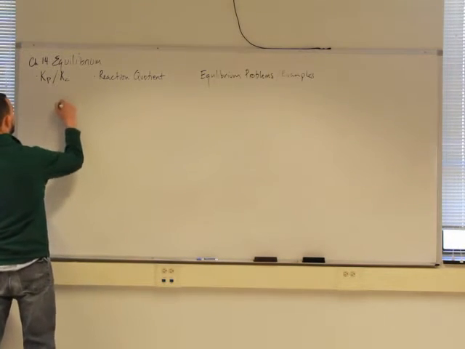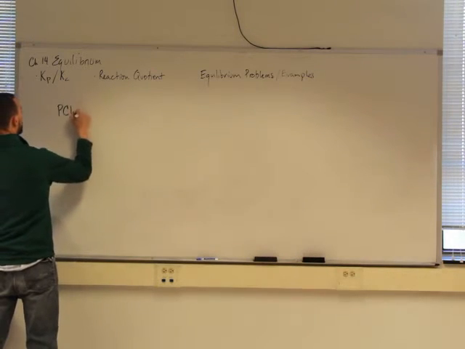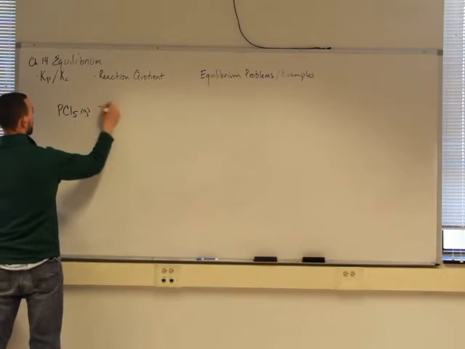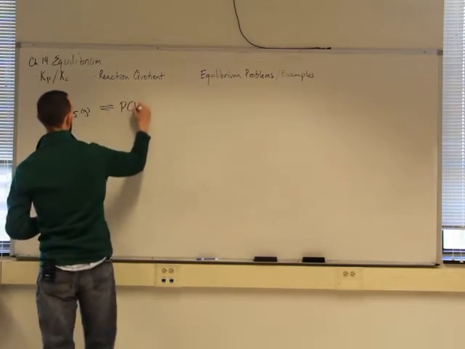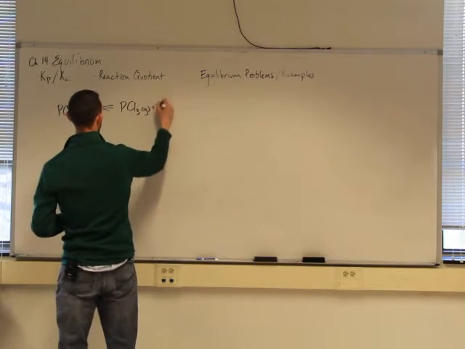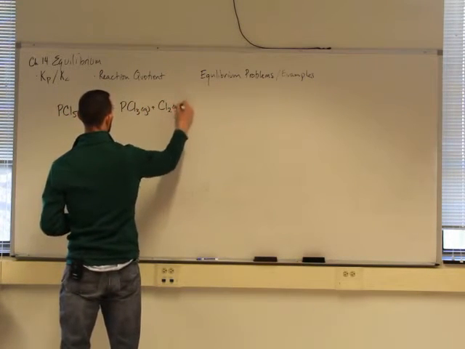Consider the reaction where phosphorus pentachloride, PCl5, decomposes into PCl3 and Cl2.